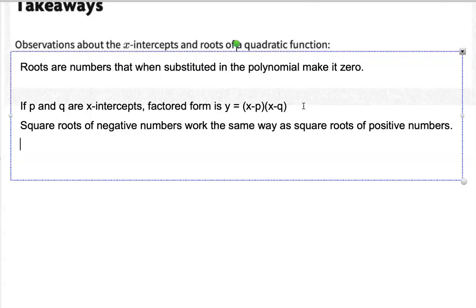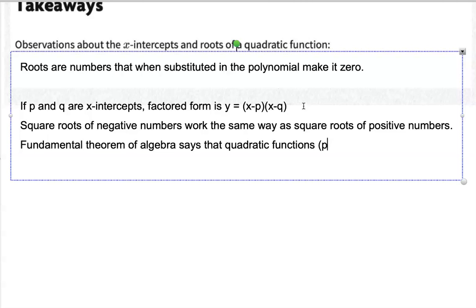And the last one, we're going to touch on that fundamental theorem of algebra. So the fundamental theorem of algebra says that quadratic functions, aka parabolas, must have 2 roots.